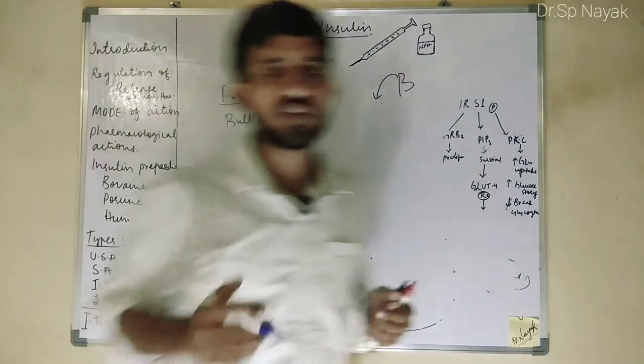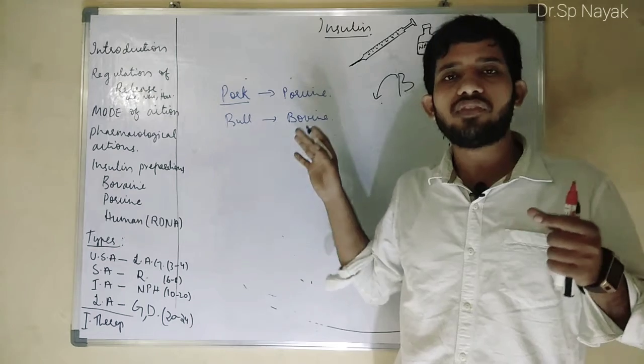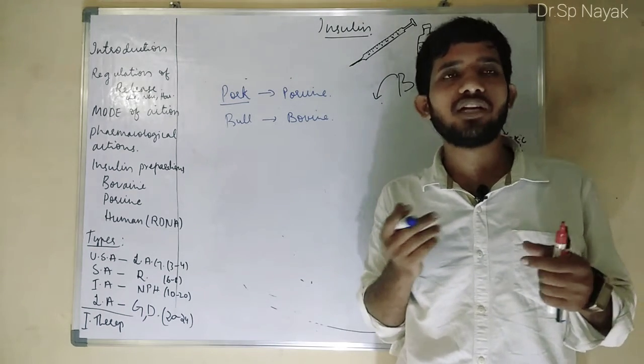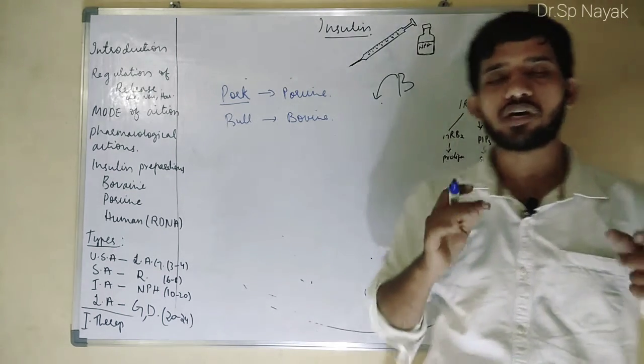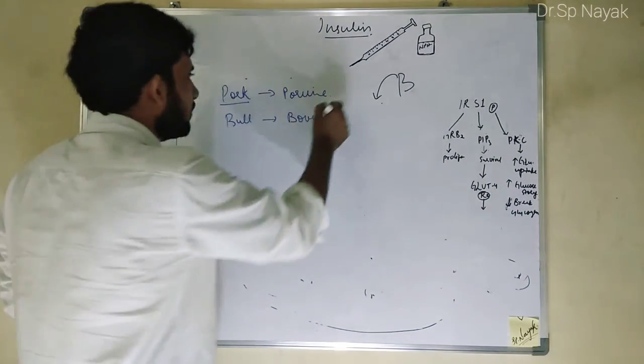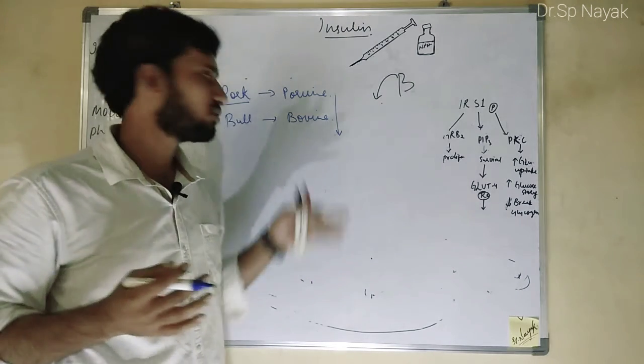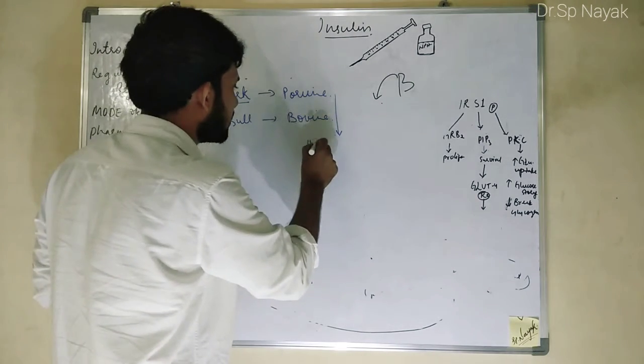The insulin which is synthesized from bull and pig has a special difference in the insulin molecule. So this has a very bad adverse effect. That causes hypersensitivity.